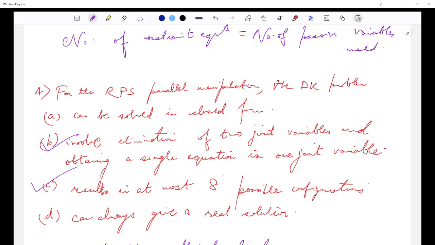So it must be solved numerically. The fourth option is it can always give a real solution. No. Real solutions exist only if geometry allows assembly and actuator lengths satisfy mobility constraints, right? So sometimes no real configuration exists. So this is also not correct.